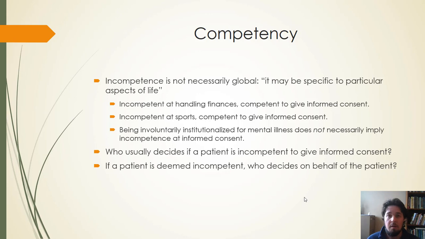If you recall, the main principle we use is called the principle of substituted judgment. The surrogate decides what the patient would want. Usually this is a family member or close friend, somebody who knows the patient well. And if there is nobody like that, then there's often an ethics committee or an ethicist who might make that decision, or the physician might have to make that decision.